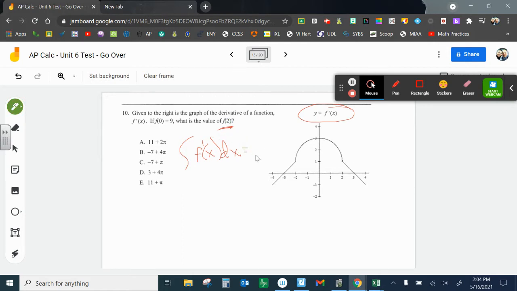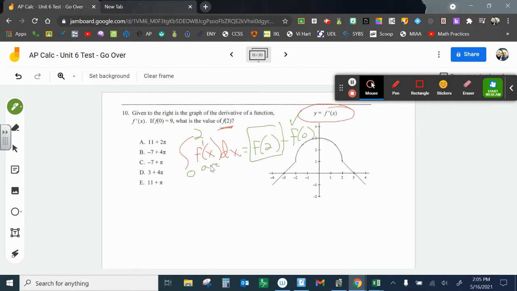So whenever they do that, I'm going to use the fundamental theorem of calculus, and the integral from 0 to 2 is equal to the antiderivative f of 2 minus f of 0. Okay, I am trying to find this. They give me f of 0. They told me that was 9.